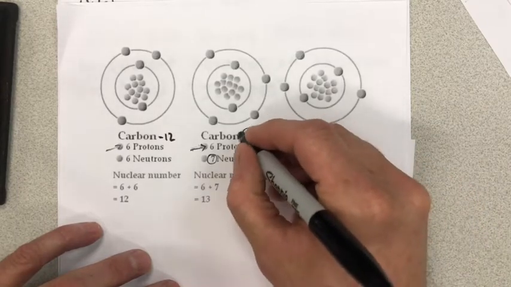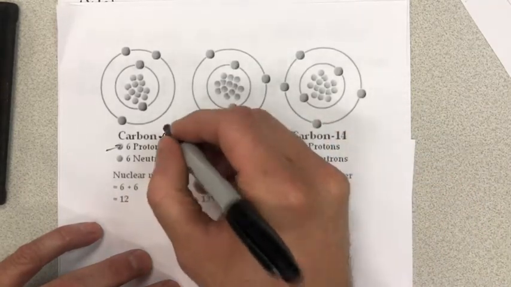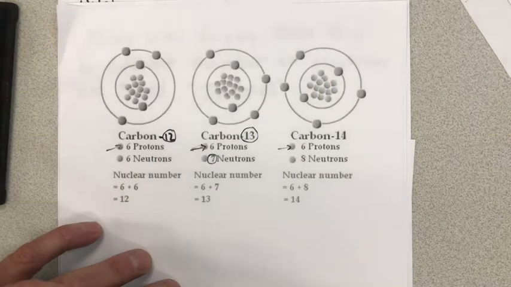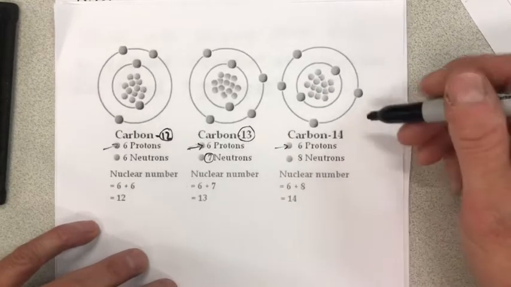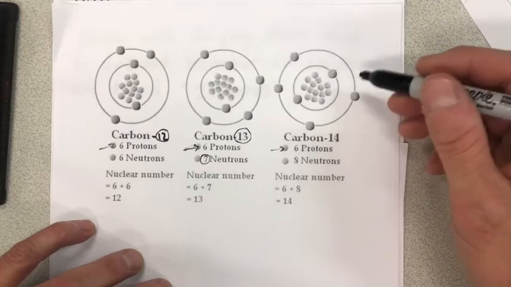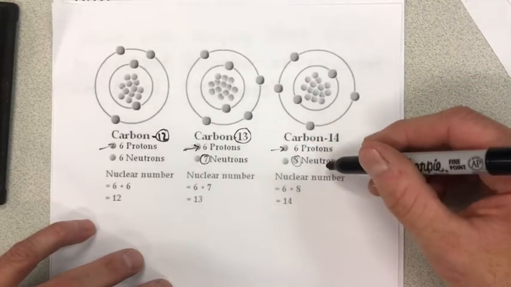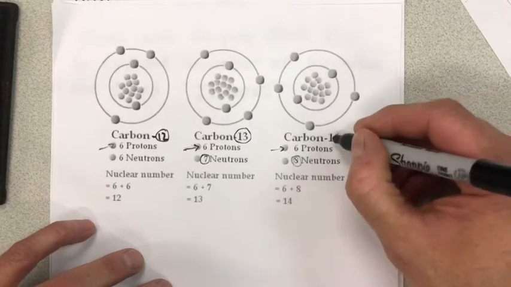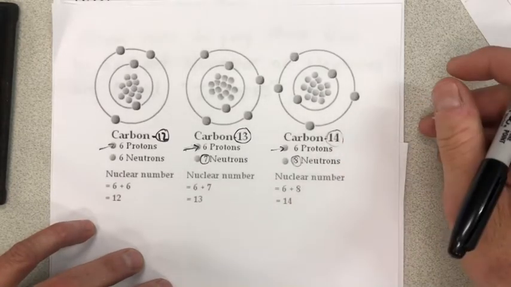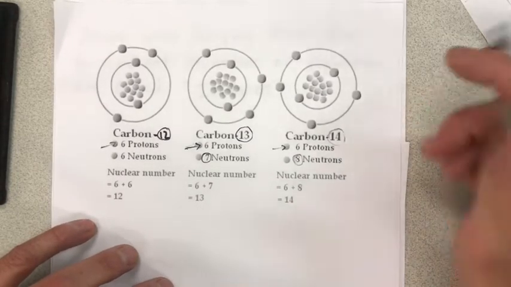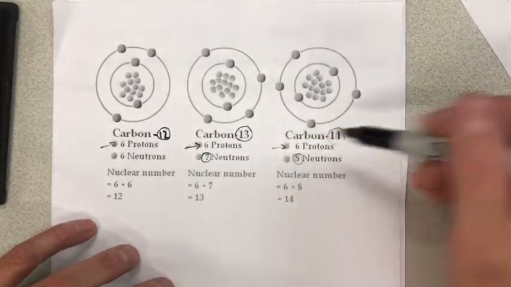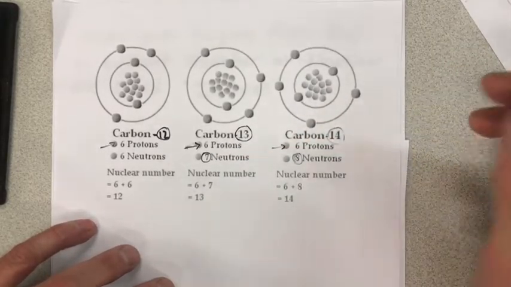So the number that is after the name and after the dash symbolizes the individual atomic mass of a particular isotope. Carbon-14 is a much less common isotope of carbon, but you can see that with 8 neutrons here and our 6 protons, that's what gives us the mass of 14. Okay, so these are 3 different isotopes of carbon.